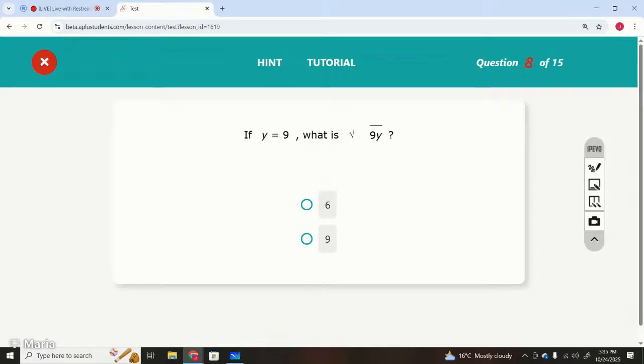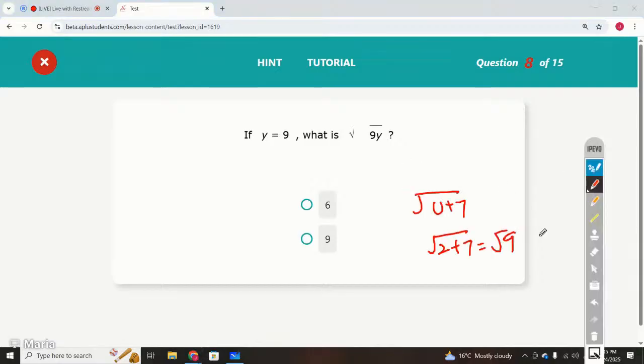If y equals 9, what is the square root of 9y? That is 9 times 9.